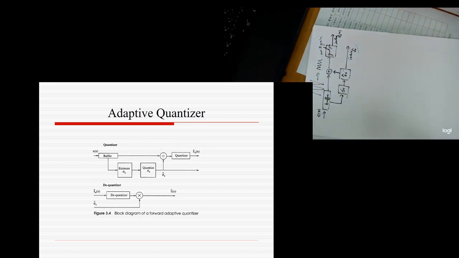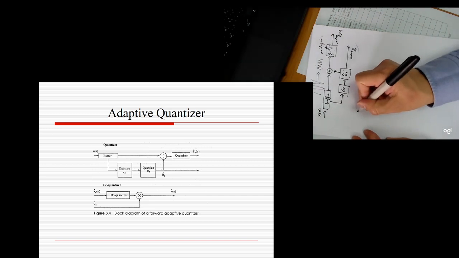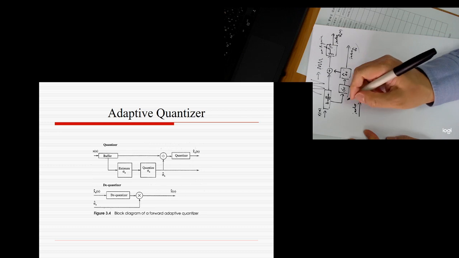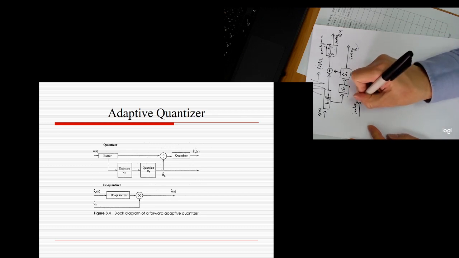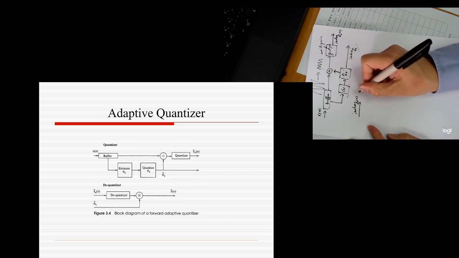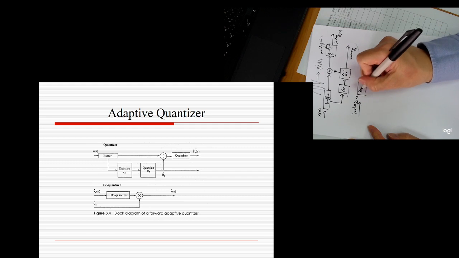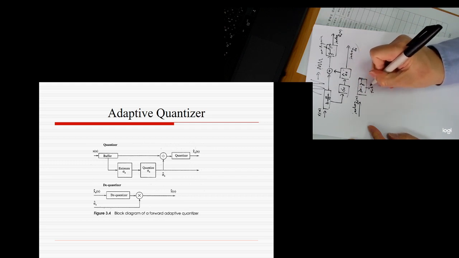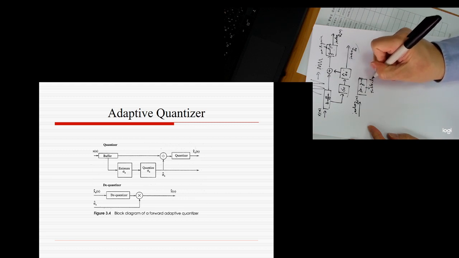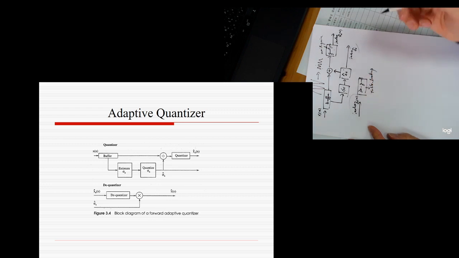The decoder gets an index, more like an encoding bit, more like an address. And the quantization is more like a table lookup, where the index is the addressing.